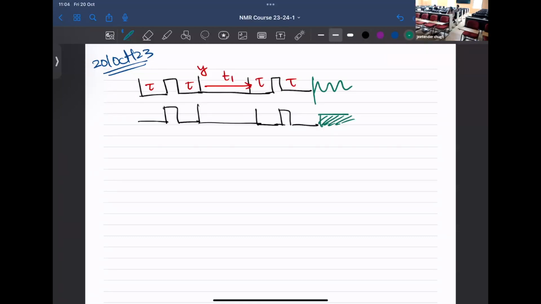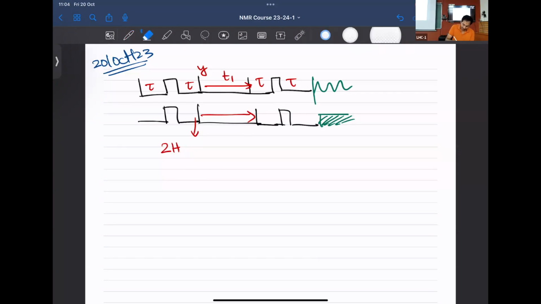Yeah. Right. So this is what you're trying to do. Would you agree here you would have something like 2HX CZ, and then here you would have something like 2HZ CY, right?